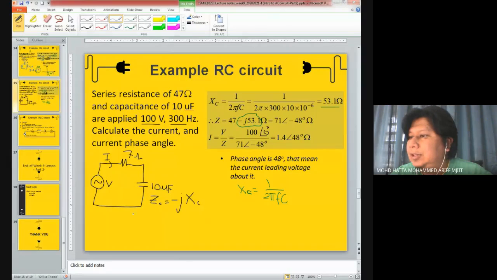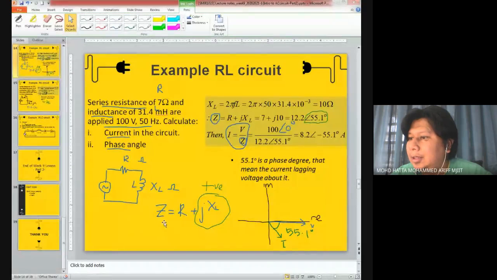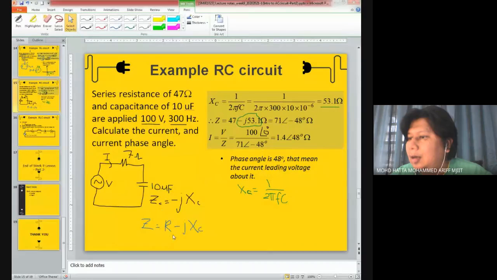So Z, the total impedance in series, we have two components in series given by R minus JXC. Here is the difference from what you have seen in the RL circuit: for the RL circuit, we have Z equals R plus JXL. In the RC circuit, you have R minus JXC.